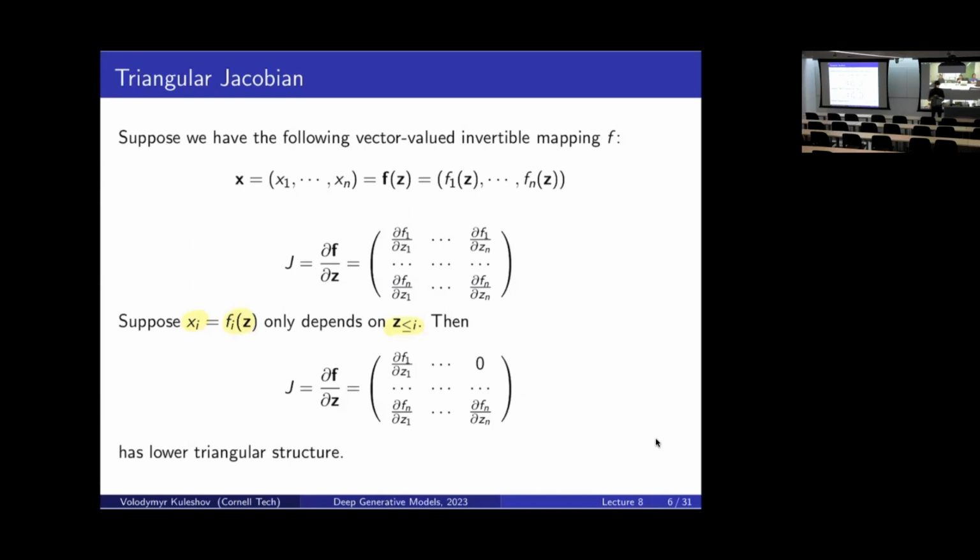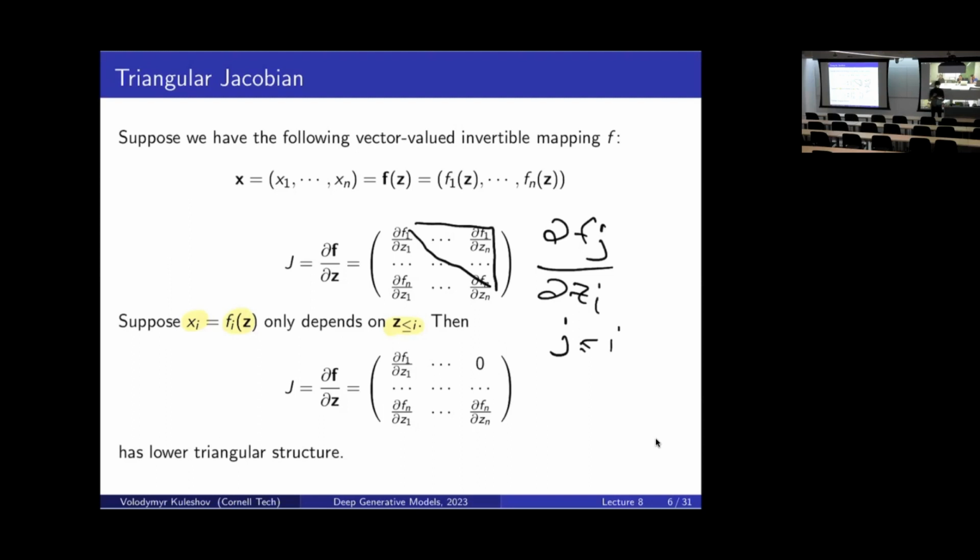Well, in that case, you can see that any entry of this matrix that lives in this triangle, that would be df_j over dz_i, where j would be less than i. Sorry, did I say this correctly? No, okay, sorry, this is correct.